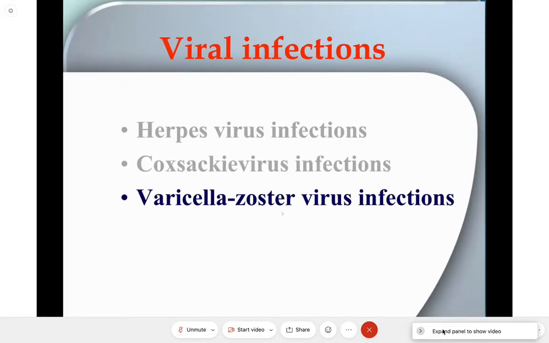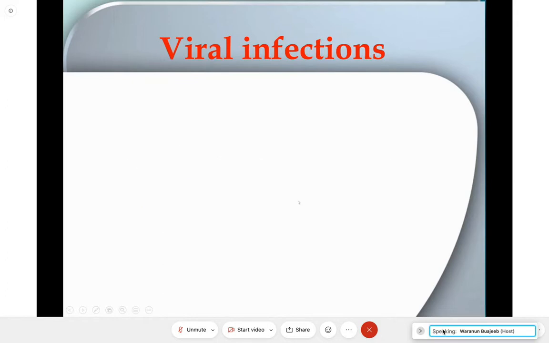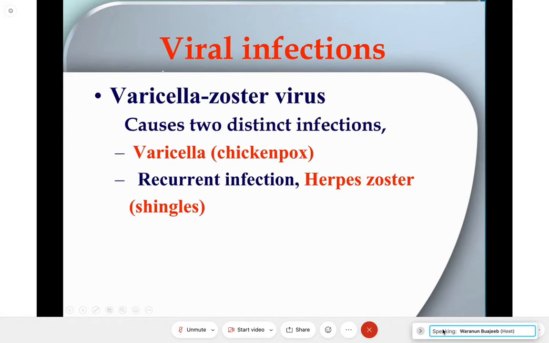And then the third type of common virus infection in the oral cavity is caused by varicella zoster virus. This is also a herpes virus, same as herpes simplex virus. Coxsackie virus is not a herpes virus.